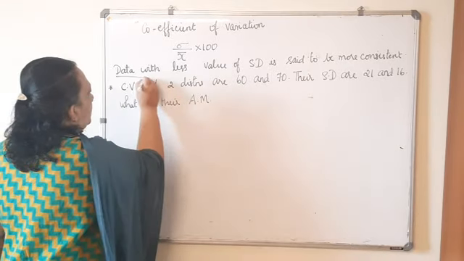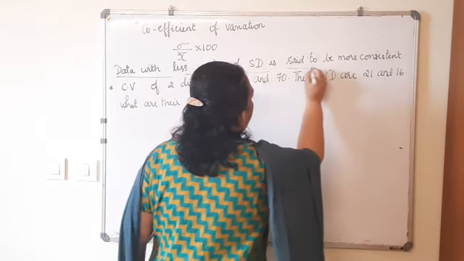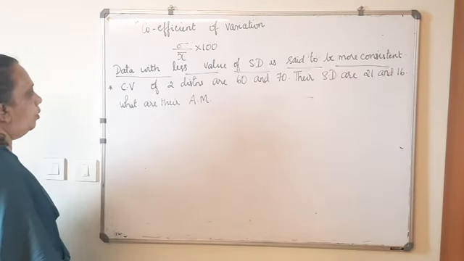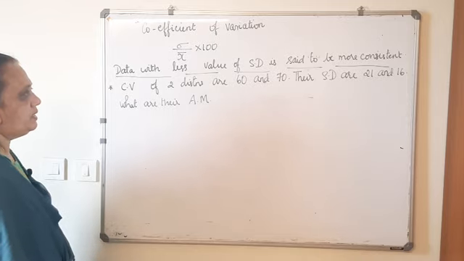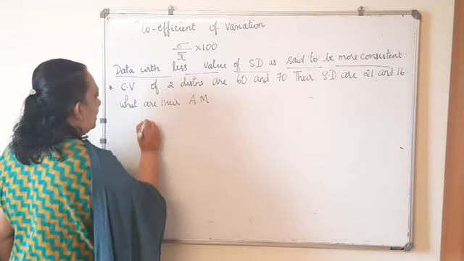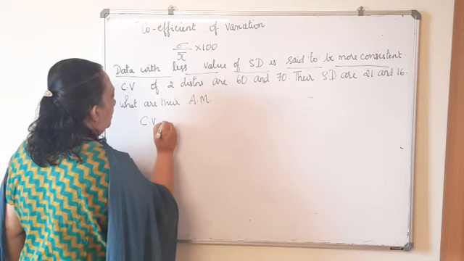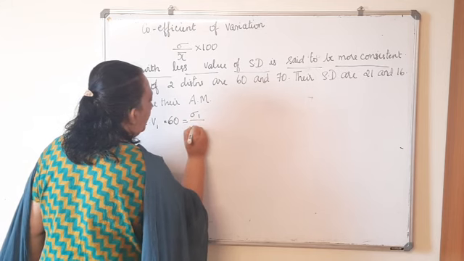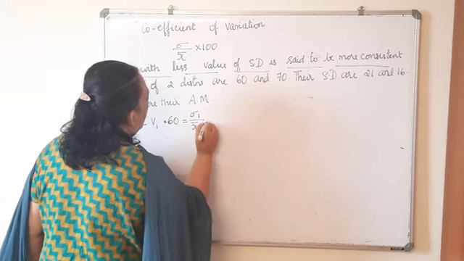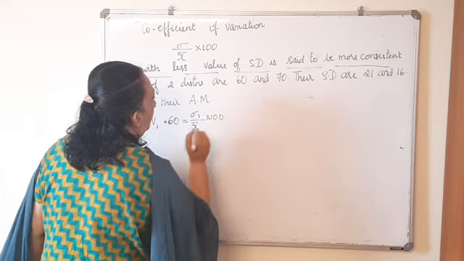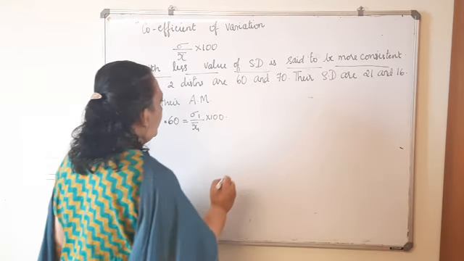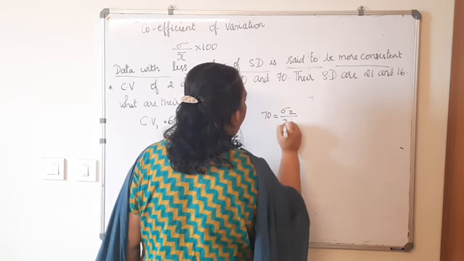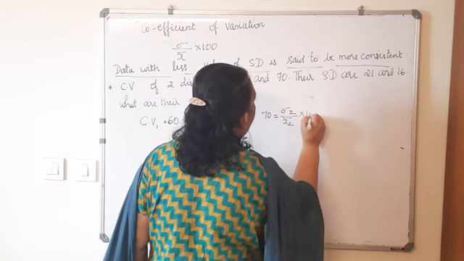So this is the information. Data with less value of standard deviation is said to be more consistent. CV of 1 is equal to 60, that is sigma 1 by x1 bar into 100, and the other one is 70, equal to sigma 2 by x2 bar into 100.